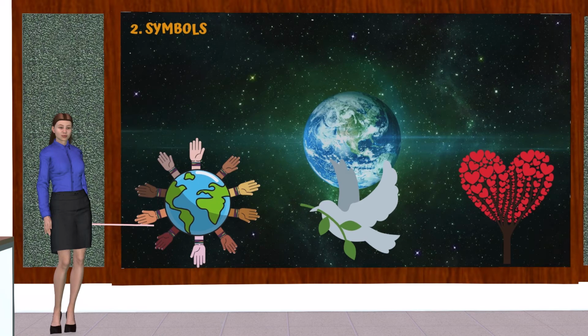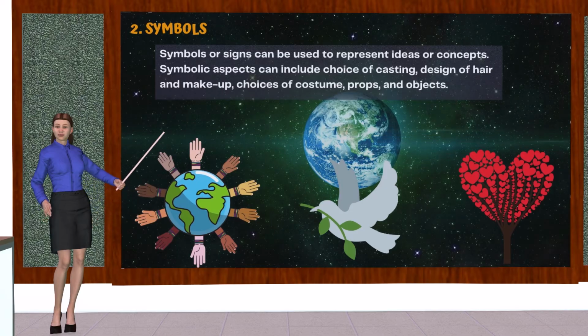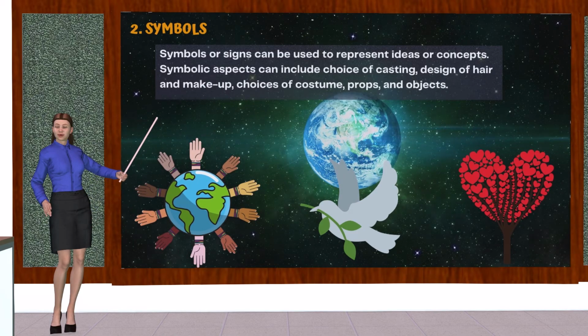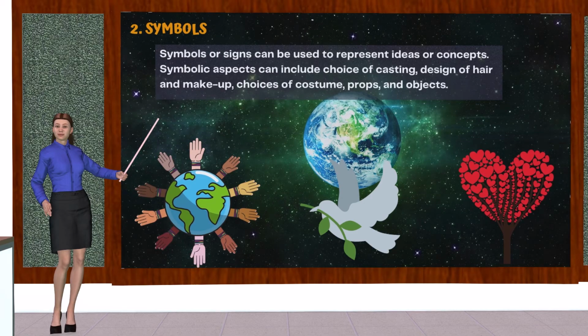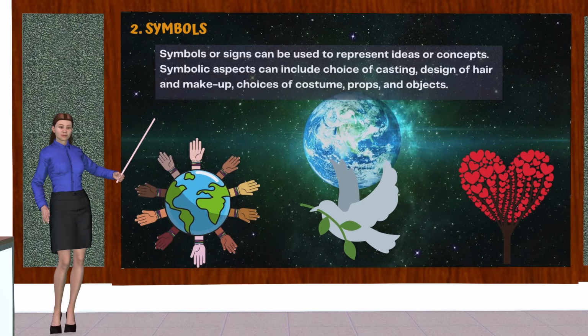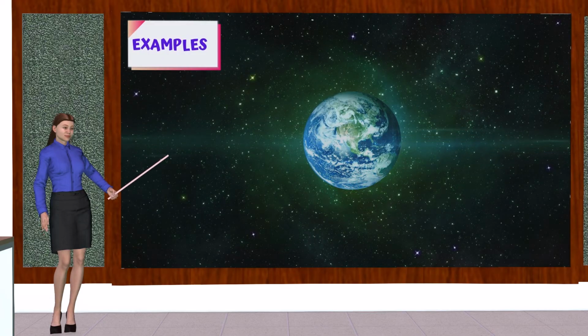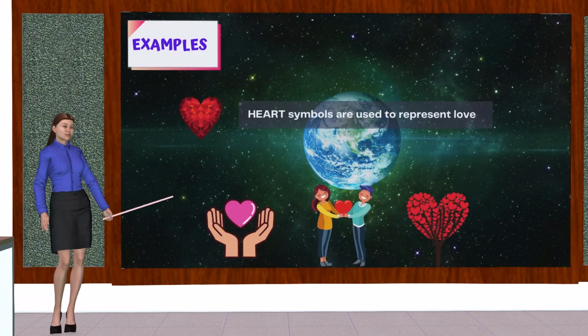The next visual elements are the symbols. When we say symbols, these can be used to represent ideas or concepts. Symbolic aspects can include choice of casting, designs of hair and makeup, choices of costume, props, and objects. For examples, we use the heart.